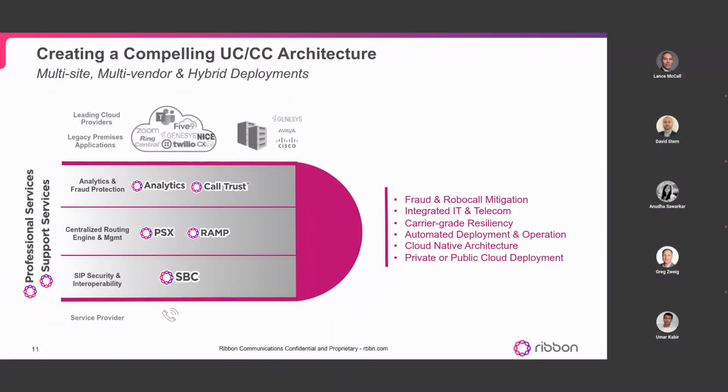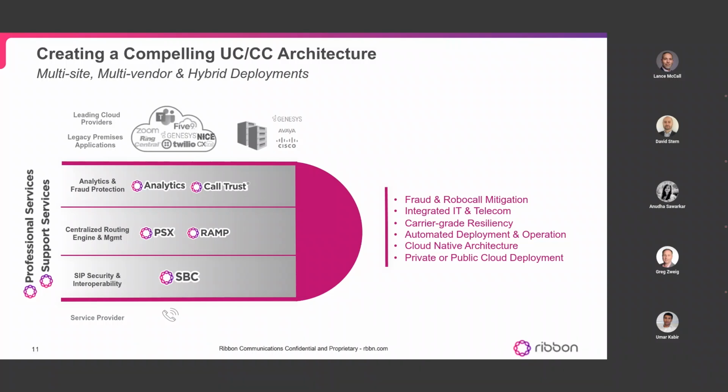Yes, so what this suite of solutions would look like when deployed. You've got your session border controller, you've got centralized routing and management being presented with the PSX and the RAMP, and you've also got analytics and fraud protection with Ribbon's Analytics and Call Trust solution set.